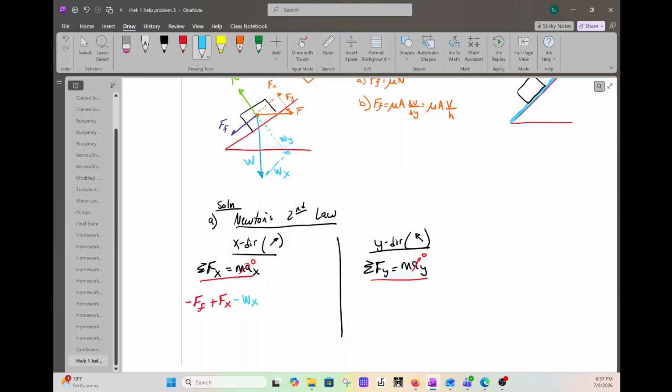So we have 1, 2, 3, in the X equals 0. Now over here in the Y, you have the normal force, positive, minus the weight component, and then minus F of Y equals 0.